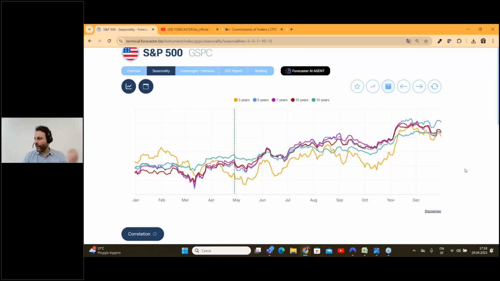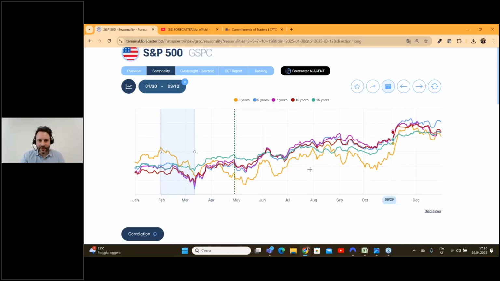Probably you already know seasonality, but if not, it's very simple. For example, on the S&P 500, even if you use the last 3 year average or the last 10 years average, you can definitely say that starting from the end of January until the middle of March, you have a downward movement.